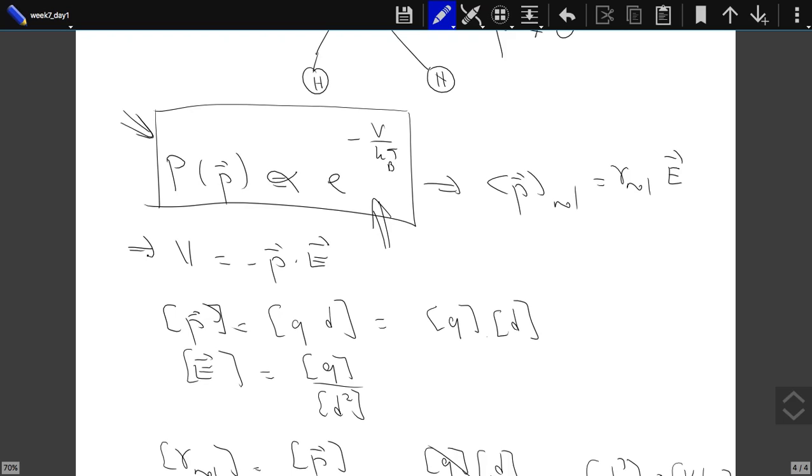The wave function squared gives you the probability distribution. You multiply a possible outcome with its probability and integrate over all possible outcomes. Here, instead of the wave function squared, we have this Boltzmann factor. Of course, you have to properly normalize it to 1.